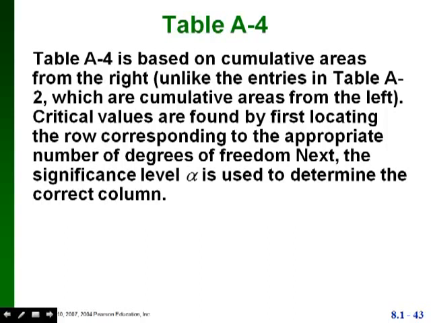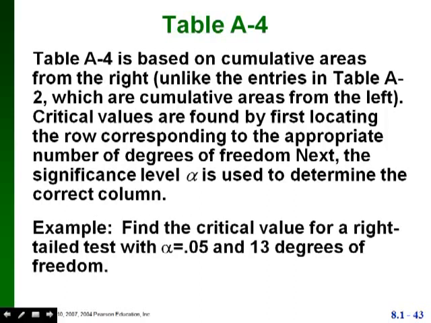You get areas coming from the right. And the way that you find your critical values with the chi-square distribution is that you find degrees of freedom, that tells you what row to look in, and then you use your significance level alpha to figure out which column to look in. And the only kinds of hypothesis tests we'll be doing in this chapter are right-tailed tests. So that's the only thing that we're going to talk about finding critical values for.